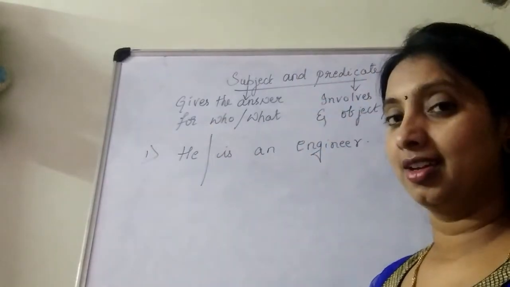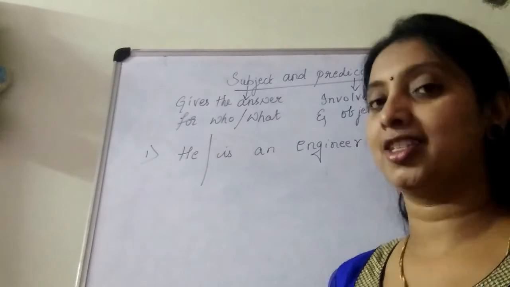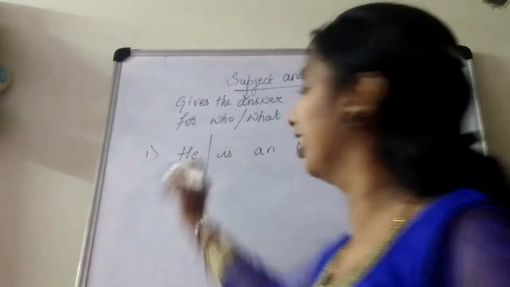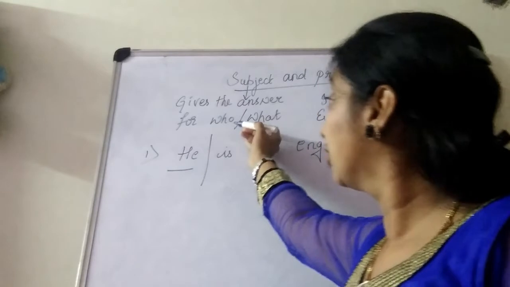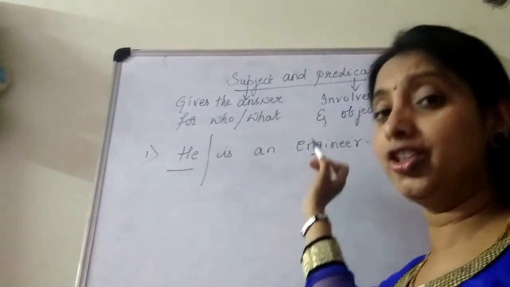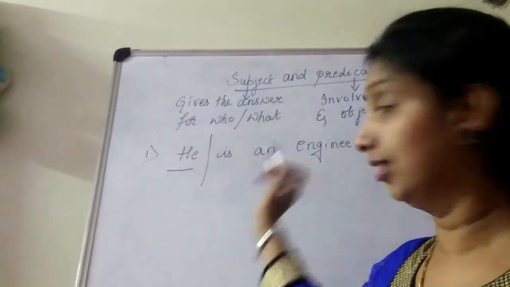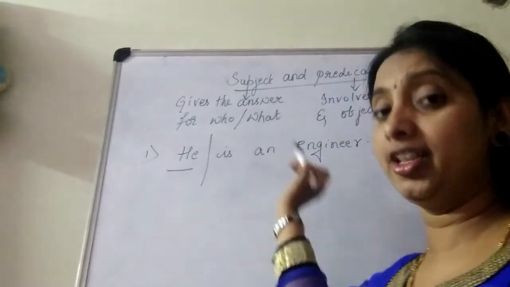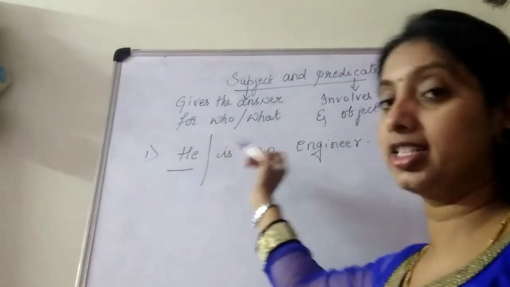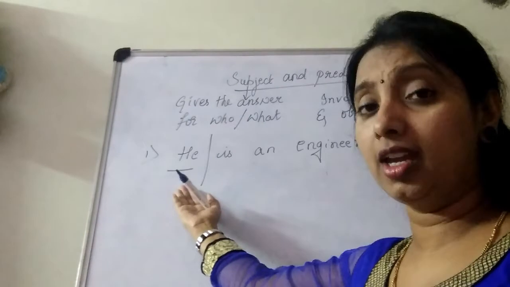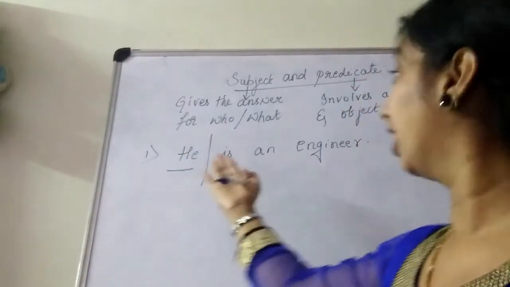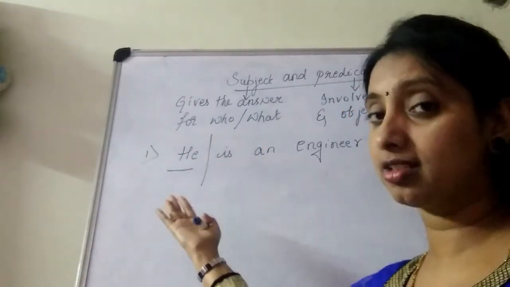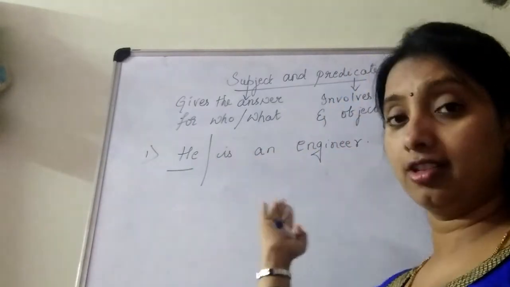Yes. What is the subject now? Subject is he, right? It gives the answer for who. Who is an engineer? I hope you are getting. Who is an engineer? He is an engineer. It may be he. If I write Ravi, Ravi is an engineer. So who is an engineer? Ravi is an engineer.